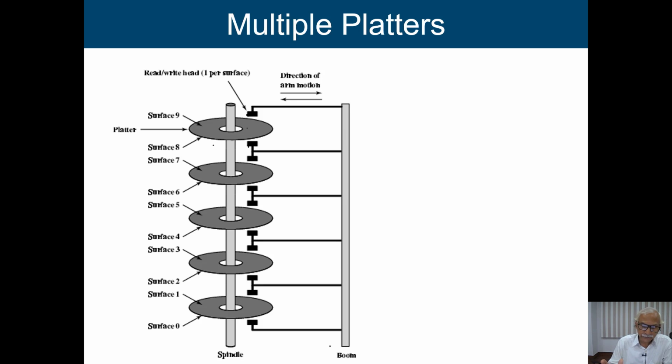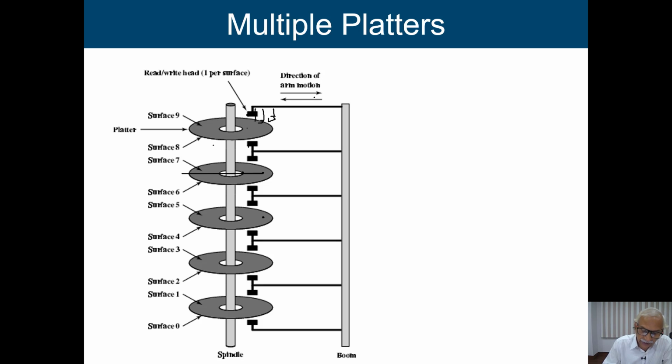These arms go inwards or outwards. When it goes inward, we are going to read the innermost track, and if it moves outward, we are going to access the outermost track. So this is basically a movable head. In the case of a fixed head, for every track we have a dedicated head.